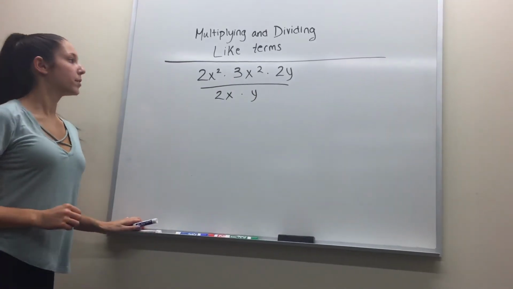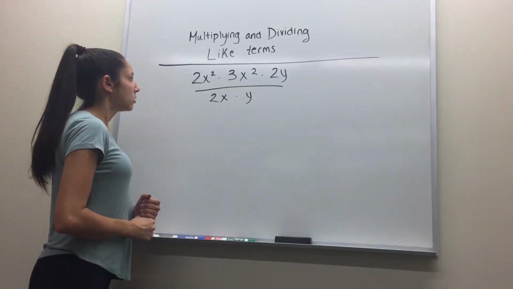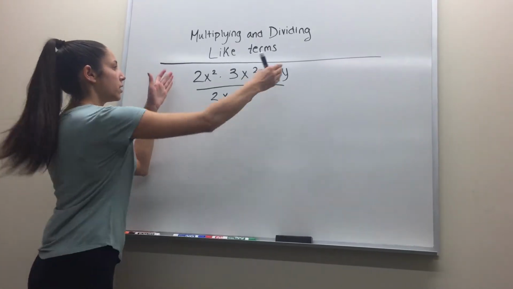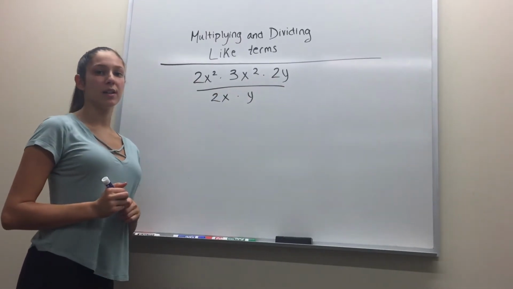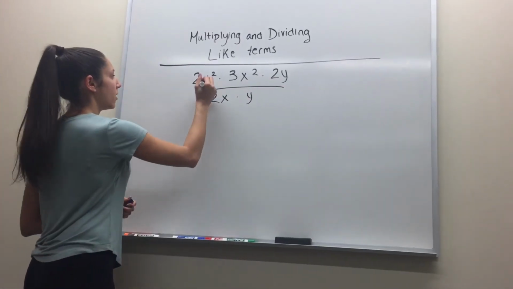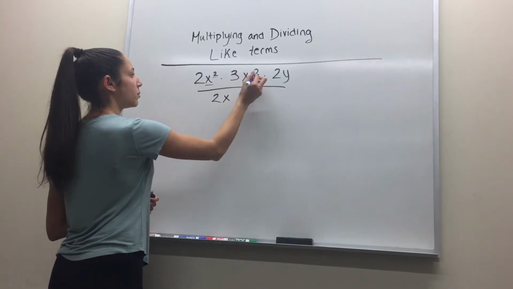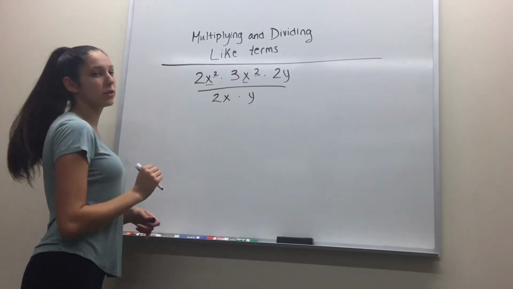So let's see what happens here. Like we said before, let's first look at the multiplication before we do any division. Are there any terms that we can combine up here? Well, I see we have two x's, and look, they both have an exponent of 2. Therefore, we can multiply those first.